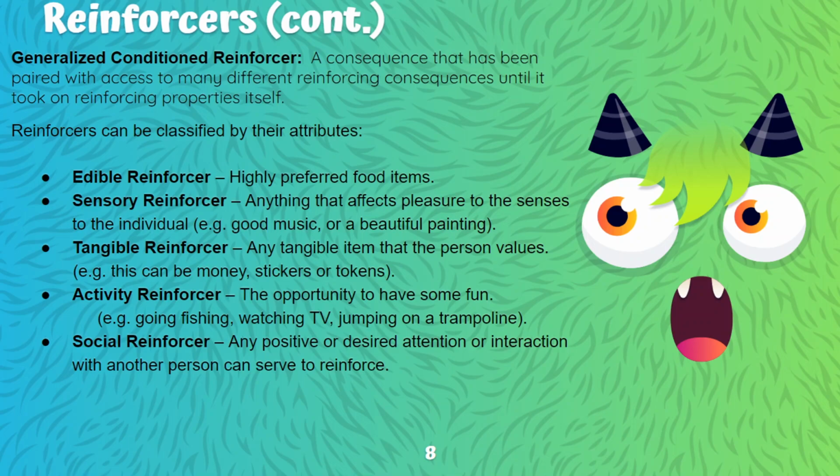Reinforcers can also be classified by their attributes. For example, there are edible reinforcers, which are highly preferred food items. Sensory reinforcers are anything that gives pleasure to the senses, including sounds and vision, such as a good song or a beautiful painting. A tangible reinforcer is any tangible item that a person values.